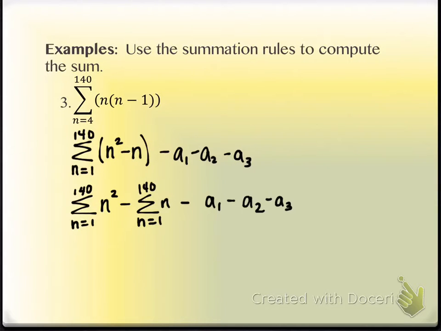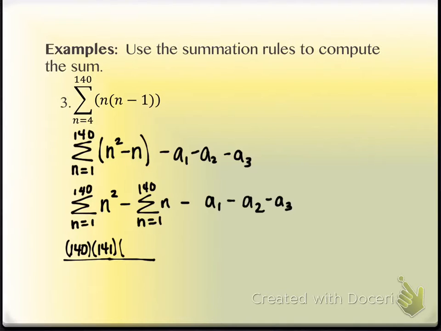The n squared formula, take a look back at that. That one says we should have the upper value, which they were calling n in our problem. Upper value, that's 140, times what? 141 divided by, oh, I'm sorry, you're right, one more times. I was already thinking I was on the next piece. Times what?